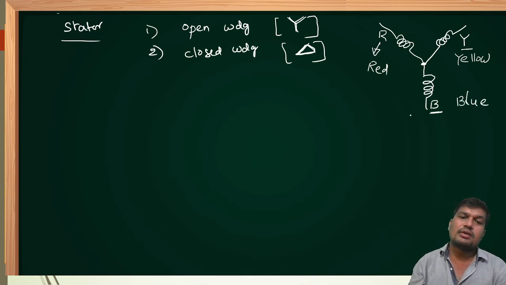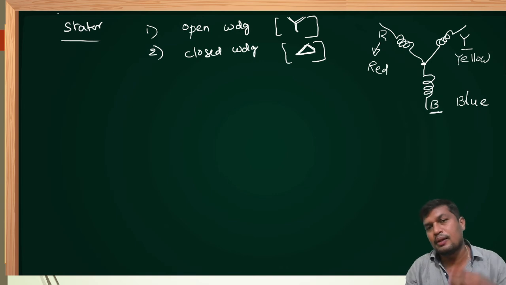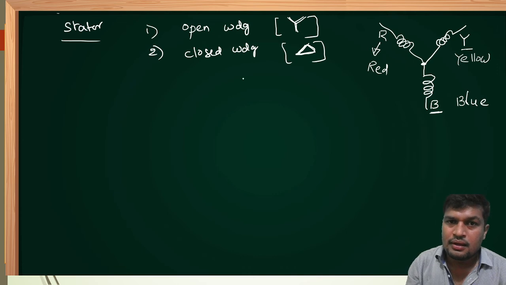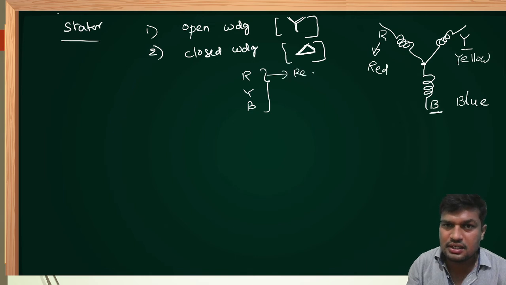These are the standard notations we are going to use. Not only electrical engineers, even a common man should understand what the phases are, what the neutral is, and what the ground is. For that we have given these representations. RYB is used to represent phases. R is red, Y is yellow, B is blue, not black. These are the colors that represent the phases in power system.